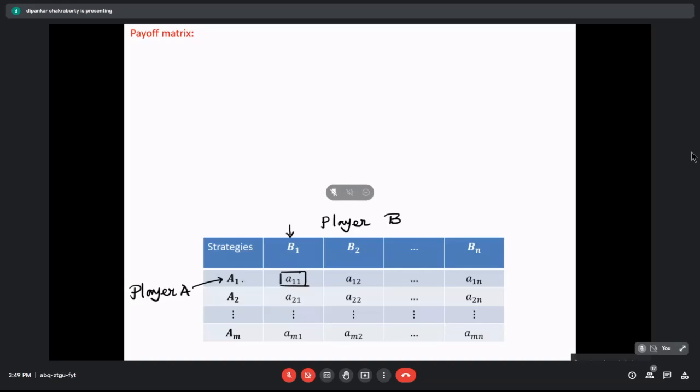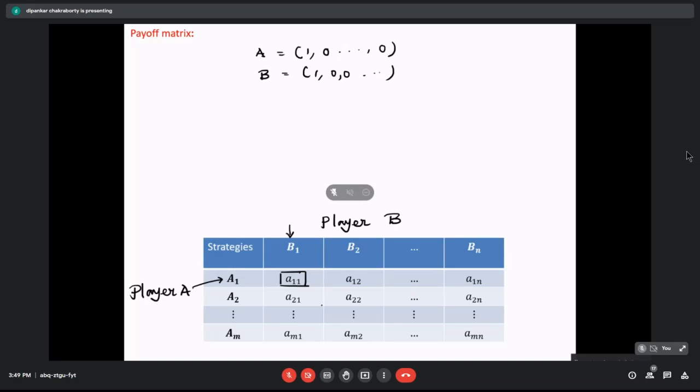That means if A plays strategy A1, like 1 0 0 0 0, and B also plays his strategy like 1 0 0 0 0, that means both player A and player B are playing the first strategy. Then what will be the value of the game?